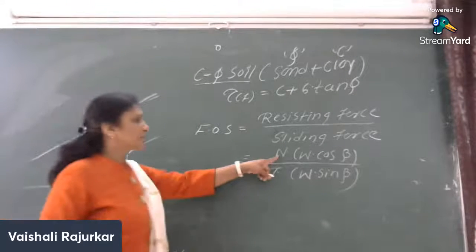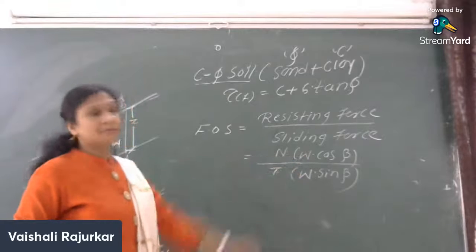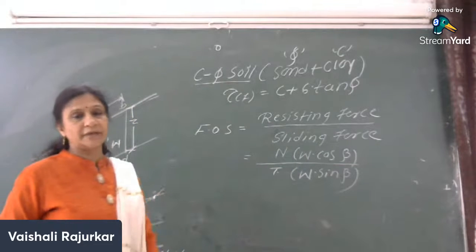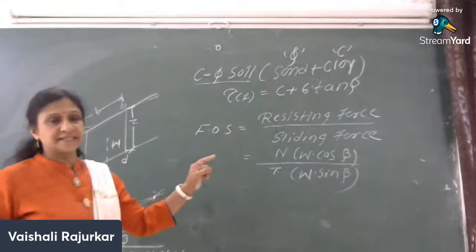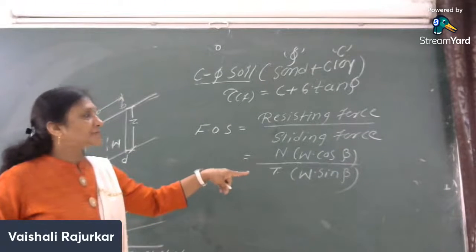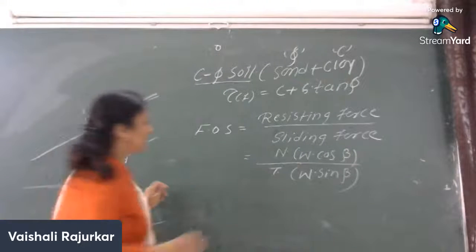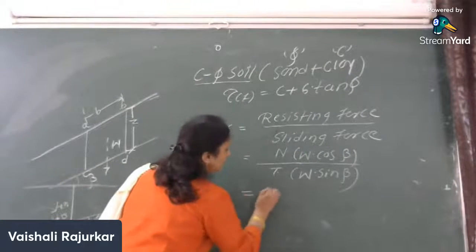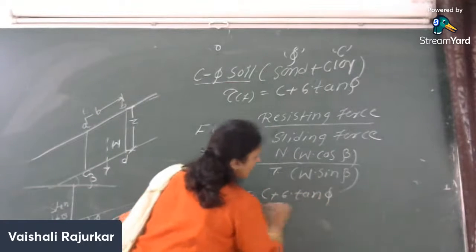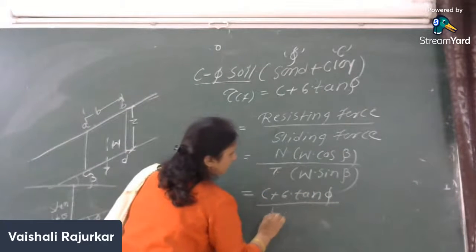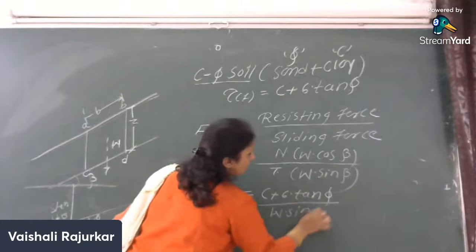So here this N is W cos beta. What is W? Again we will put the value of W, that is gamma into Z into B into cos beta. So what is the equation over here? It will be C plus sigma tan phi, and here it is W sin beta.